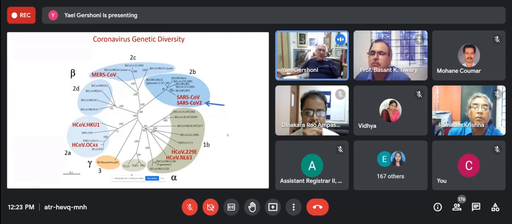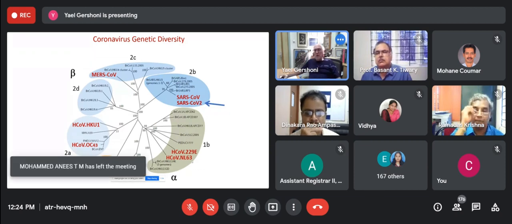And the main difference is that SARS-CoV-2 has emerged and mutated to be extremely transmissible and contagious. And so the whole world today is confronted with the coronavirus CoV-2, COVID-19 pandemic.